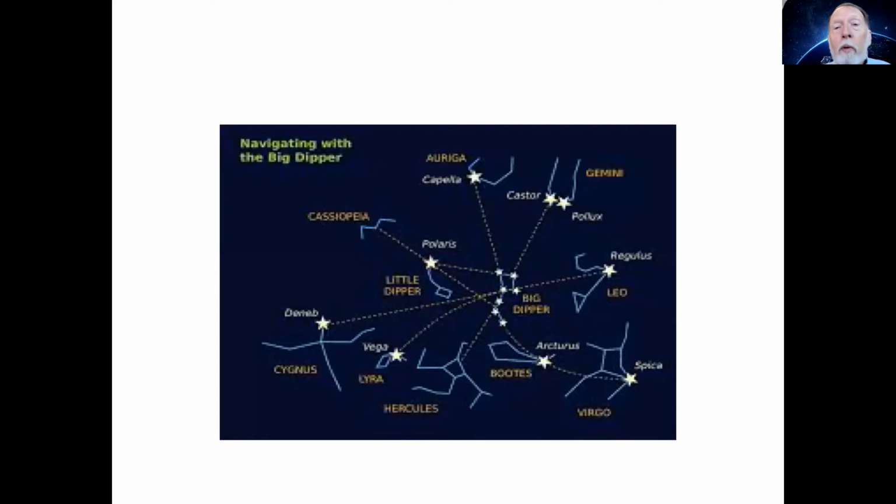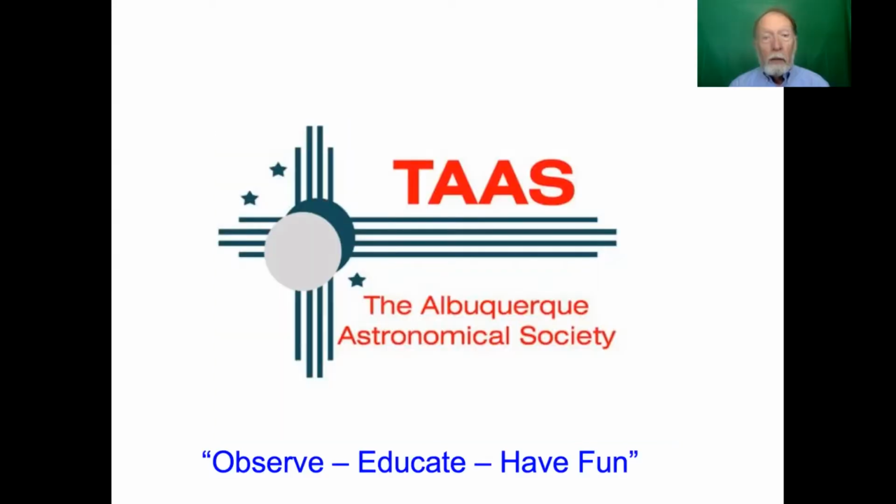This first program will be an introduction to some terms and methods for identifying the night sky, and subsequent programs that I'm planning at this time will use those terms and methods to actually find some things of interest during each of the 4 seasons, as opposed to doing them on a monthly basis. We anticipate that the next program will run in June and will be concerned with the summer sky.